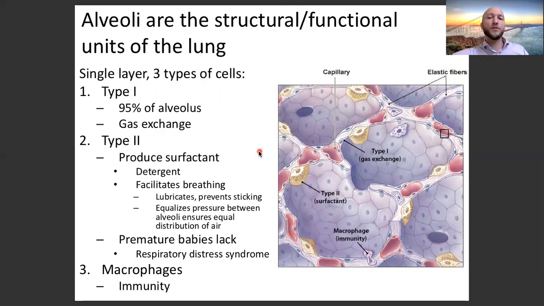What do you think a pneumocyte is? So pneumo refers to the lungs. Cyte refers to cell. So a type 1 lung cell. You might hear about a type 2 pneumocyte. Pneumo, lung, cyte, cell. So a type 2 lung cell.